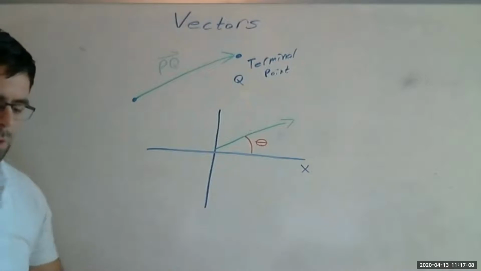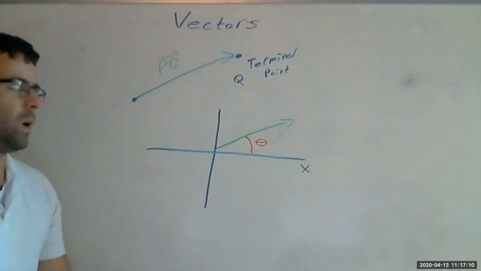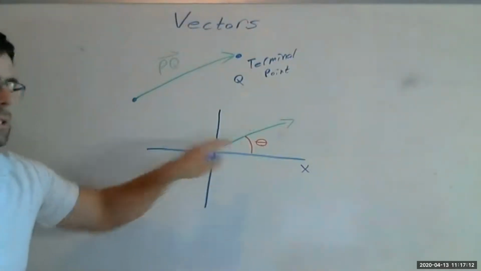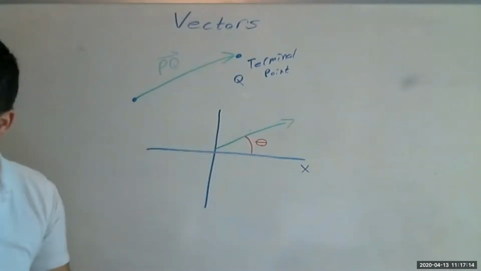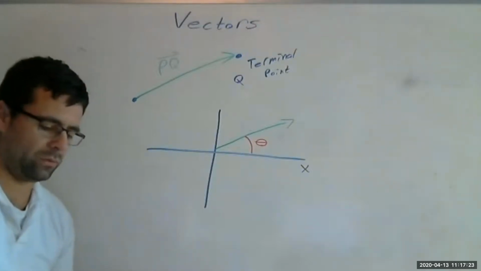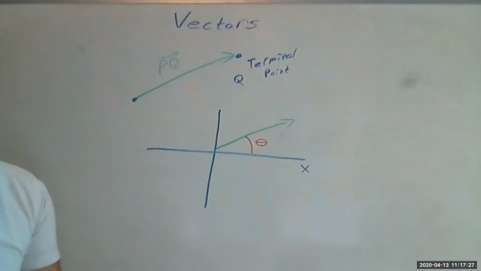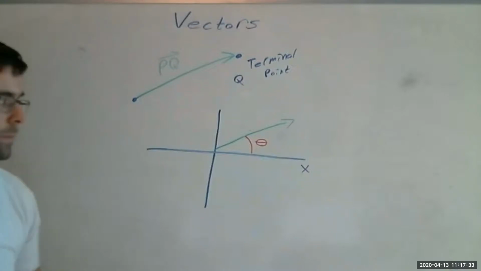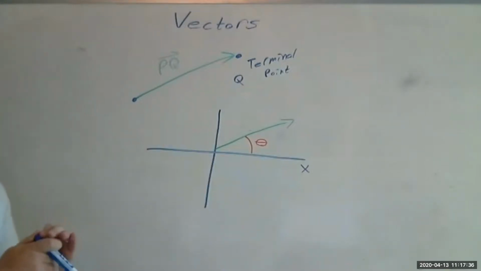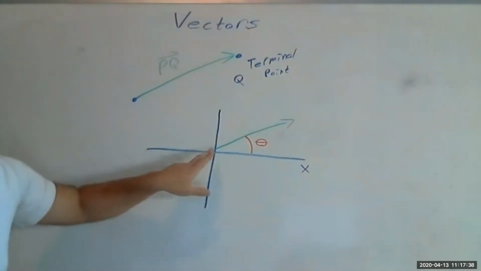So what's another way we could build theta? Well, if we have this vector, then we have its initial point and we have its terminal point. Its initial point is 0, 0.